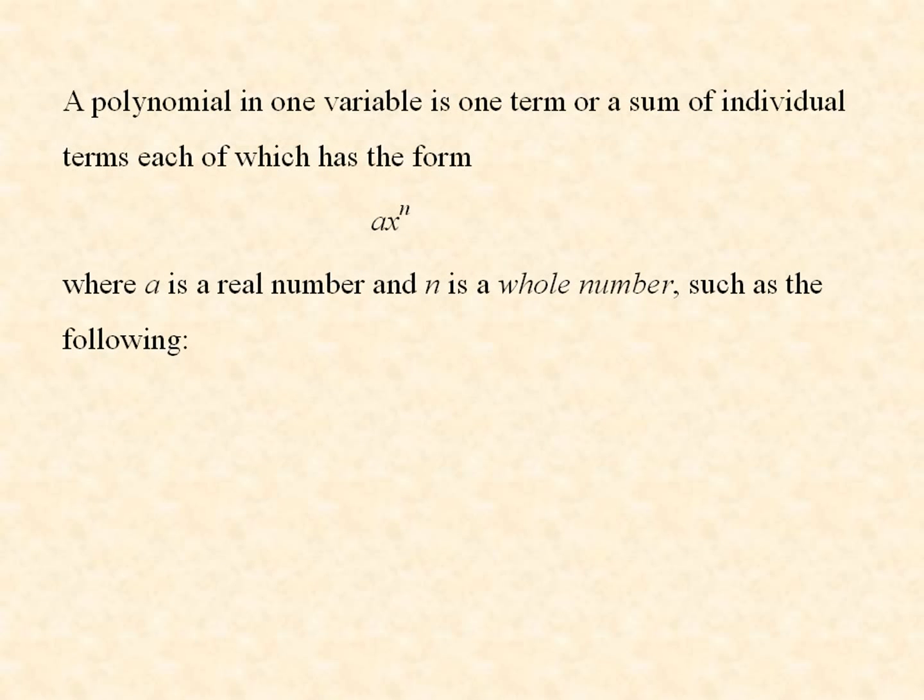A polynomial in one variable is a term or a sum of individual terms, each of which has the form ax to the n, where a is a real number and n is a whole number, such as the following: 4x squared, that's a polynomial in one variable; negative x third, negative 1.414 x to the 32nd power, 2x to the fourth, negative 7x, and negative 7.